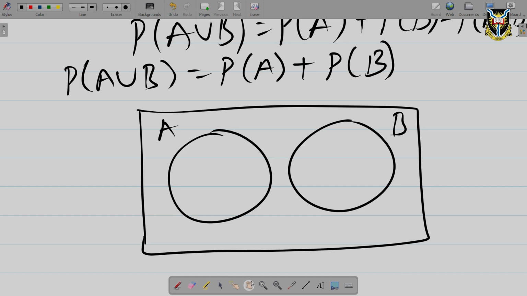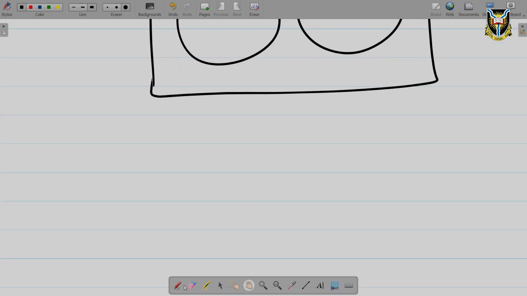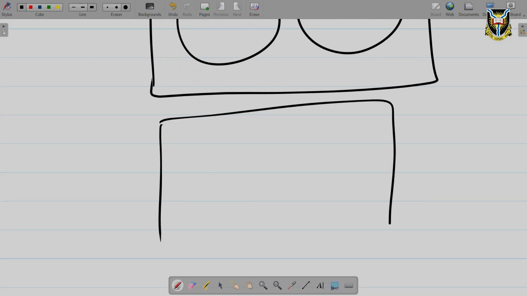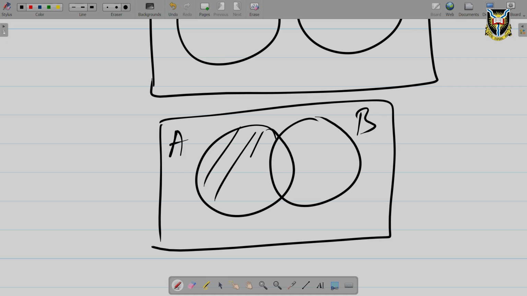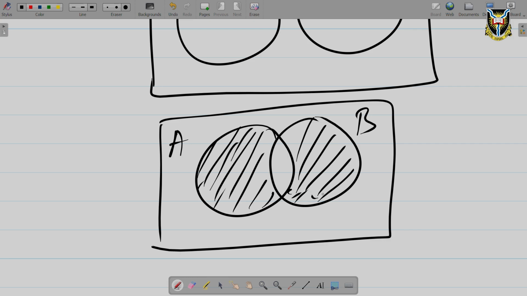But in the proper sense of it, probability of A union B is actually telling us something like this, A, B. And the interest that we have here, if we have to shade the area where we have probability of A union B, it will be all this area except that of the intersection.